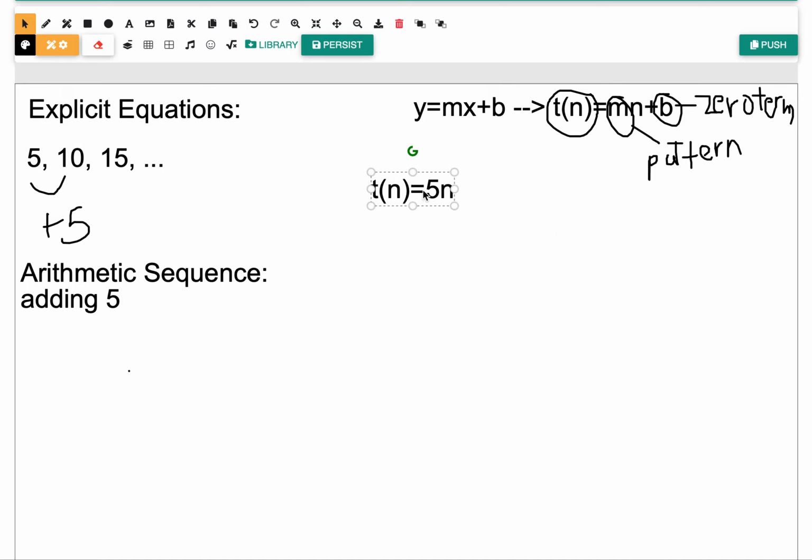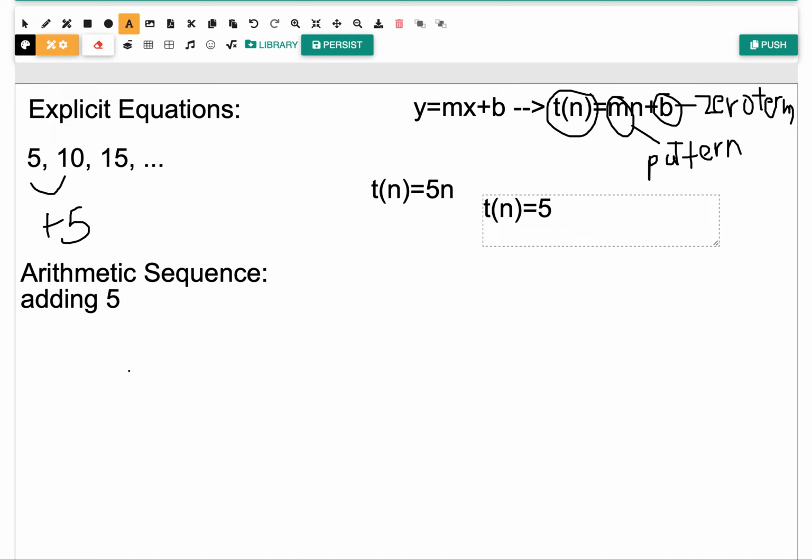Now, there are some tricks to writing this explicit equation. Let's say you don't want to use the zero term, you want to use the first term. The way I would write my equation would be t of n is equal to 5.